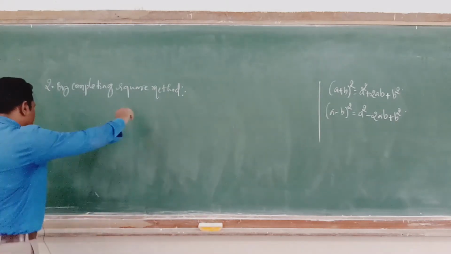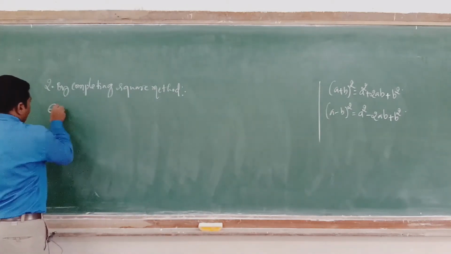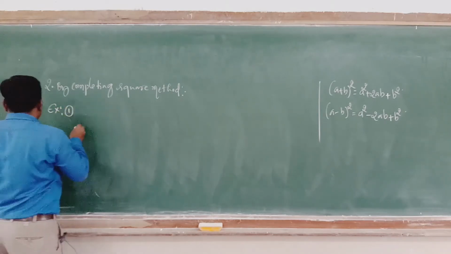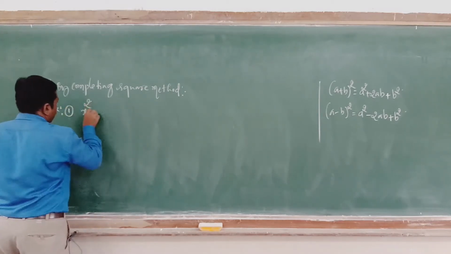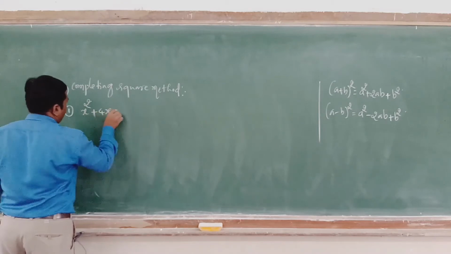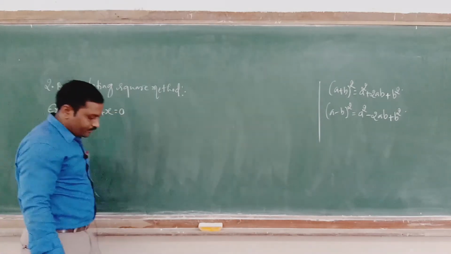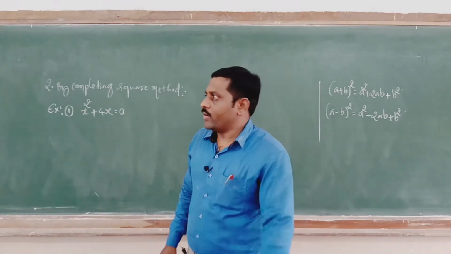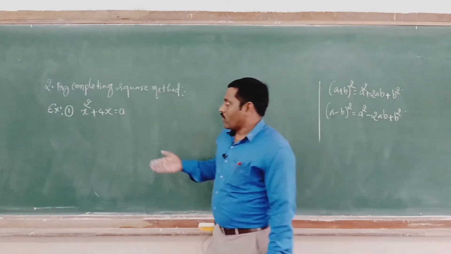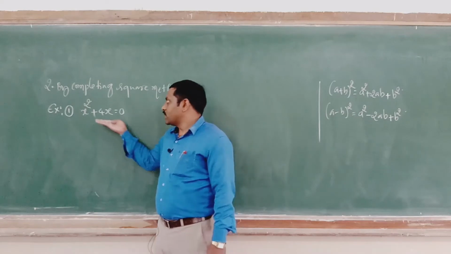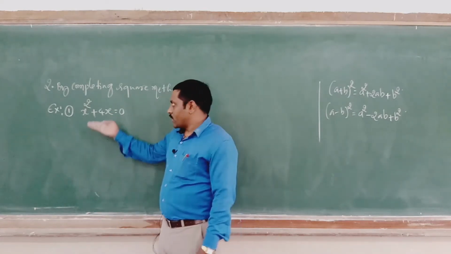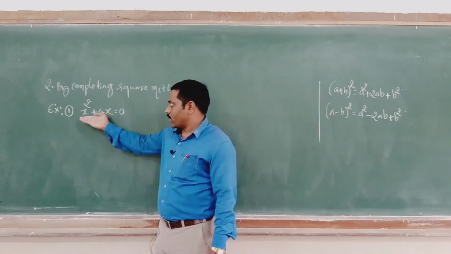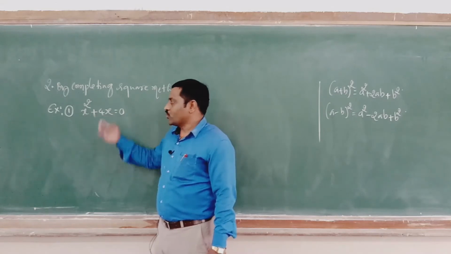So okay, let us see an example. I am taking the first example, that is x square plus 4x is equal to 0. In the previous example, we did a quadratic equation having three terms. But in the given example, the quadratic equation has two terms.